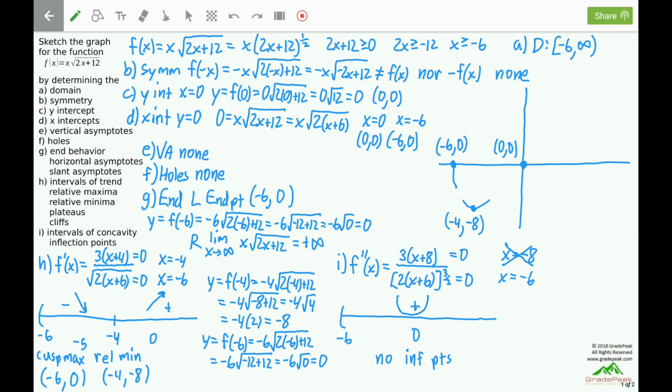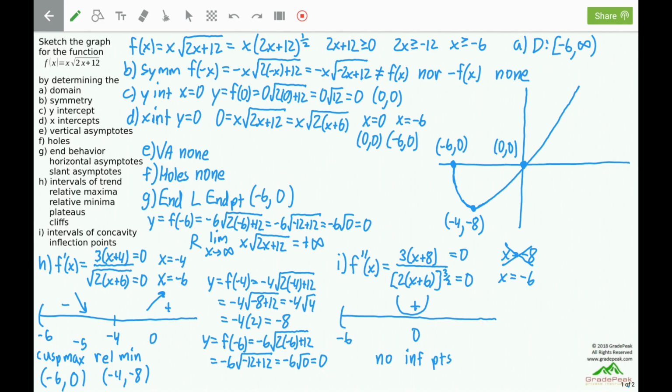So now we can connect these pieces together. So here it connects together. Notice it's remaining concave up. It's curving upward. It's decreasing in that range. Yeah, decreasing and concave up. And then it becomes increasing and concave up for the portion over here. So it'll be curving upward, continuing to curve upward, like so.